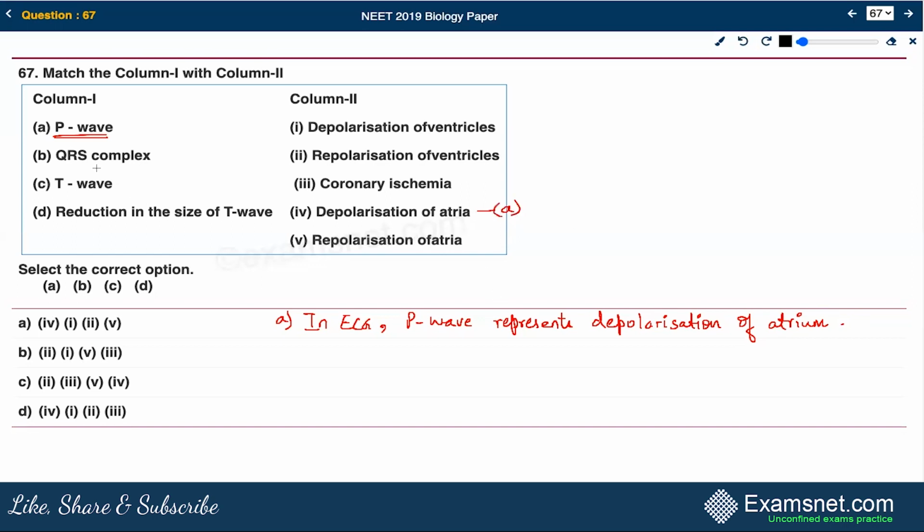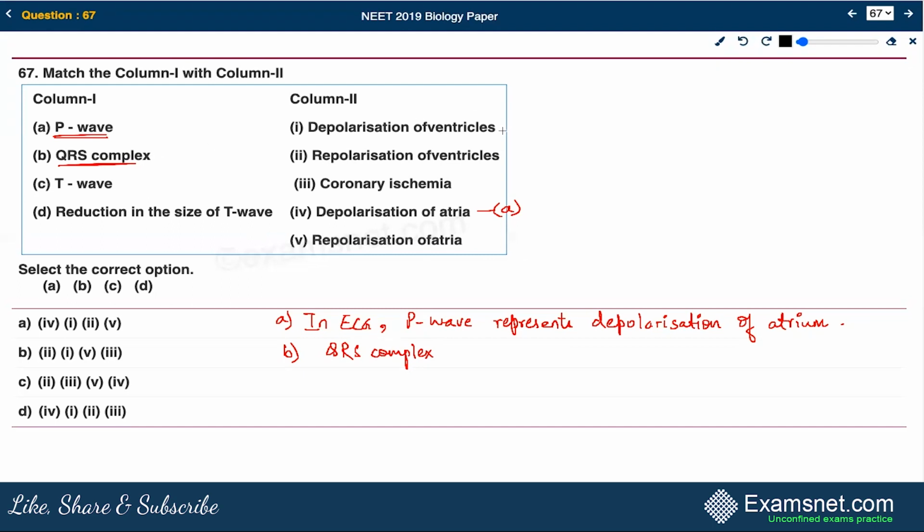Now the QRS complex is the main important complex, because by counting the QRS complexes only, the number of heartbeats is calculated, by counting the number of QRS waves in the graph. This QRS complex represents the depolarization of the ventricles.